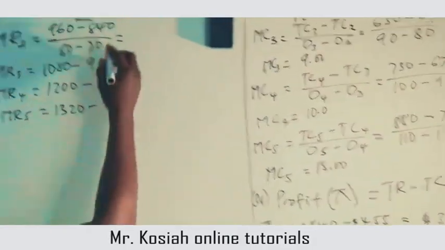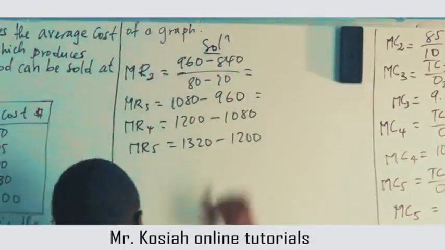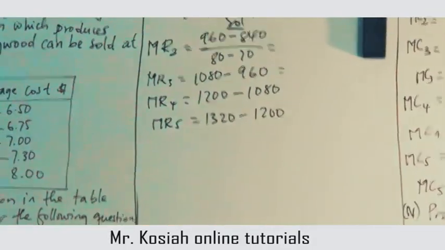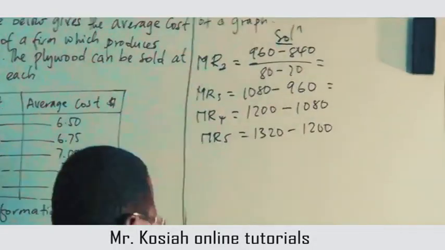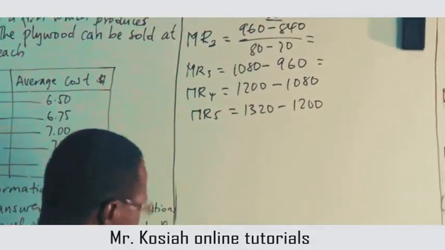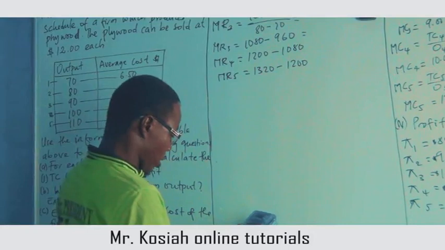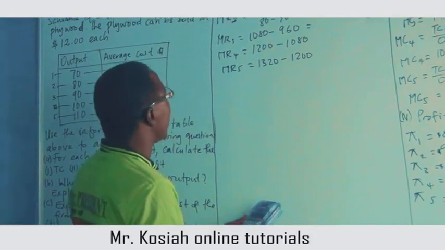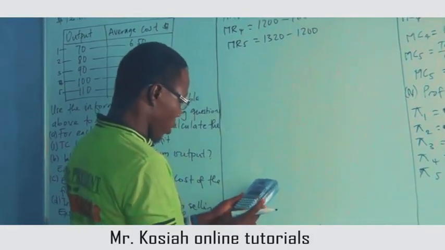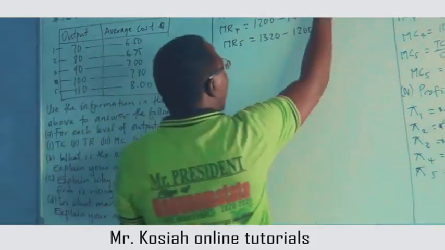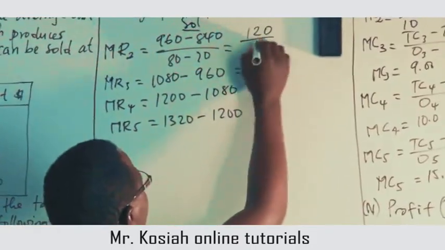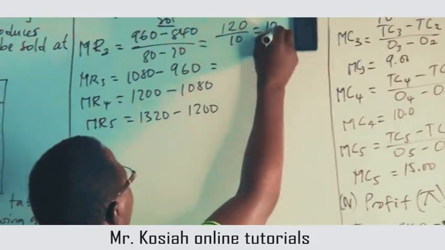So do not forget. Meaning, when we subtract this from this, what are we going to have? We'll get our calculator to see. We have 960 minus 840 equal, then here we have 120 divided by 10. Of course, this will be $12.